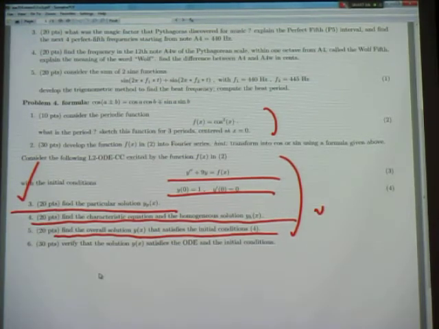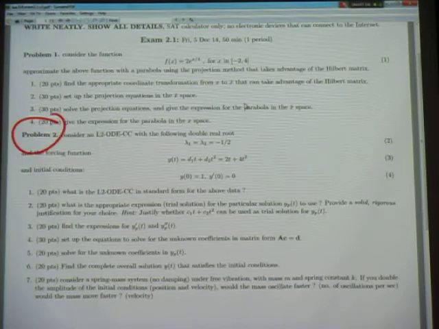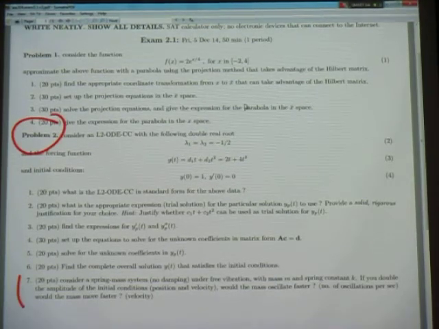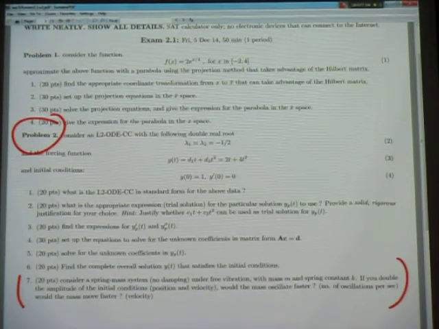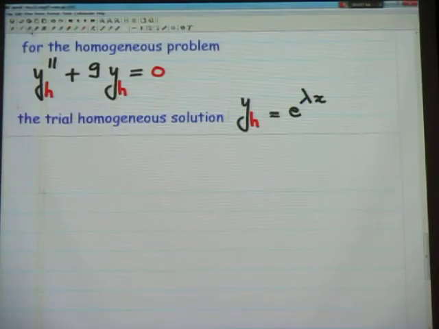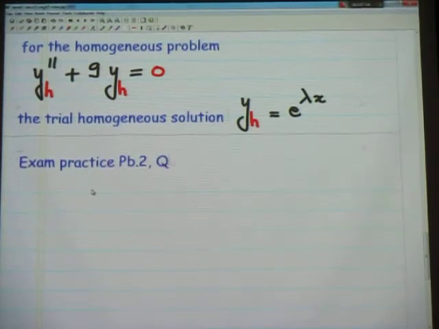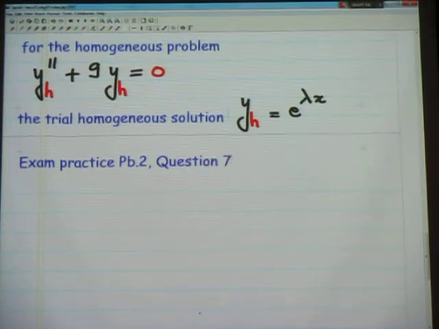Let me use this opportunity to answer practice problem 2, question 7, because it's basically the same problem.